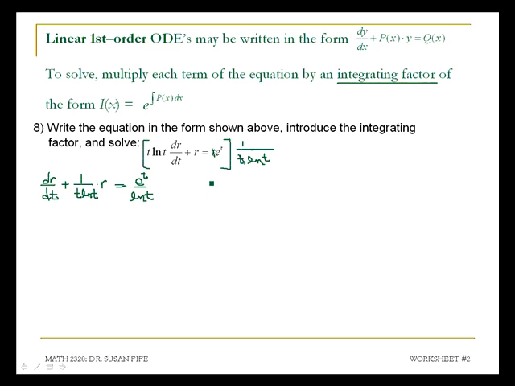So my integrating factor is going to be a function of t, e raised to the integral of 1 over t log t, and we're integrating with respect to t.